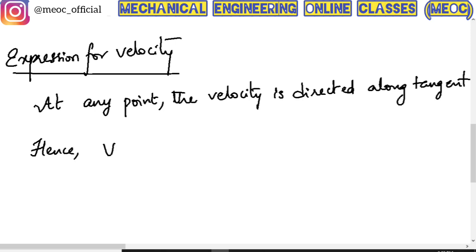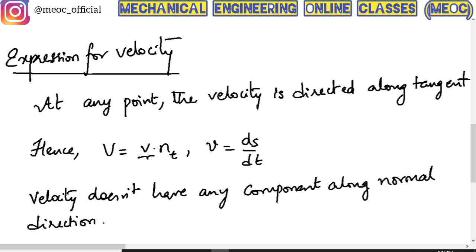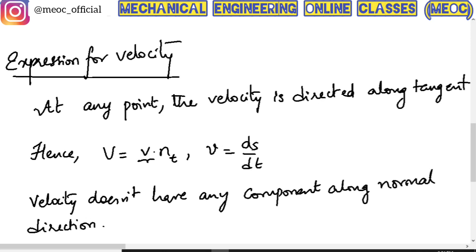So hence we can write the velocity vector v as v dot nt, where this v is ds by dt. And it is to be noted that velocity does not have any component along normal direction. So this is the expression for velocity in natural coordinate system.